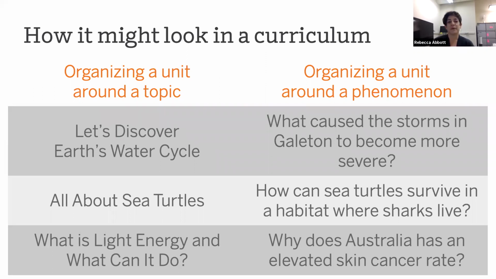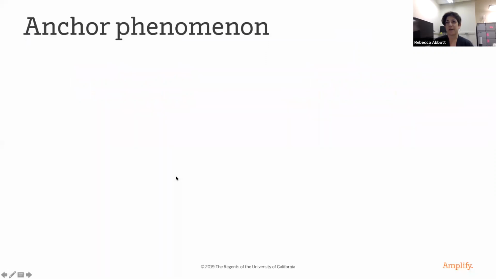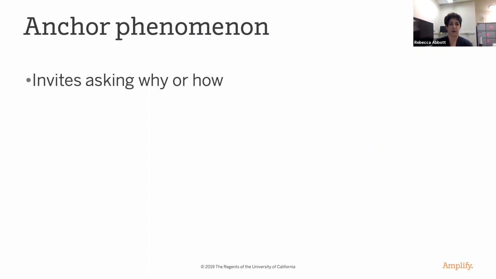So what we might see then is that when we're talking about the NGSS, we call the main phenomenon that guides a unit or instructional sequence the anchoring or anchor phenomenon. And it's called this because the entire unit is about figuring out the phenomenon. An anchor phenomenon invites students to ask why or how does something work.